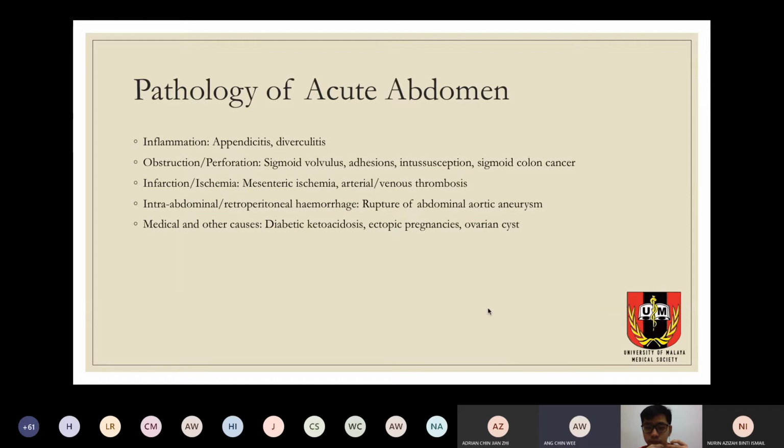That's what I mean by, you've got to have that list, and then you work it out and exclude one by one when you take the history. At the end, you will come out with a more sensible differential diagnosis, one, and then one or two more as potential other differentials, rather than giving me a list of 20, which is pointless, right? Because you can't treat 20 diseases in one patient. You can only treat one or two at that point in time, and you have to pick which one you think is the most likely.